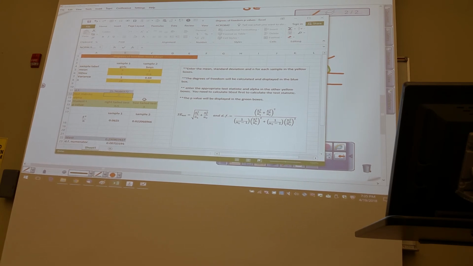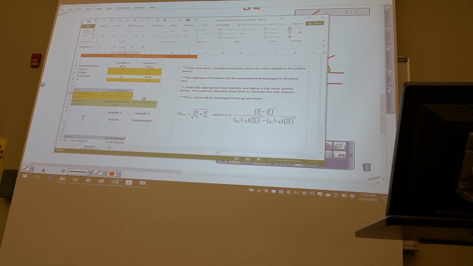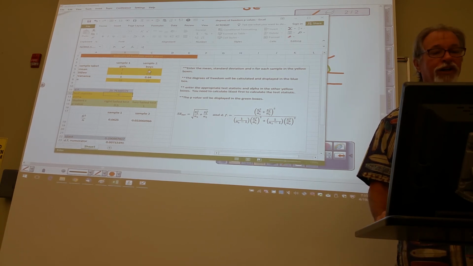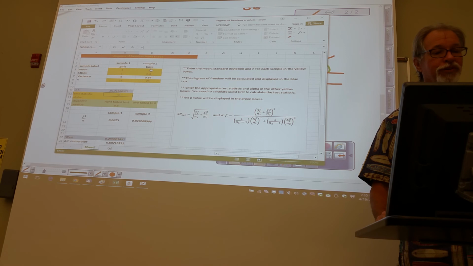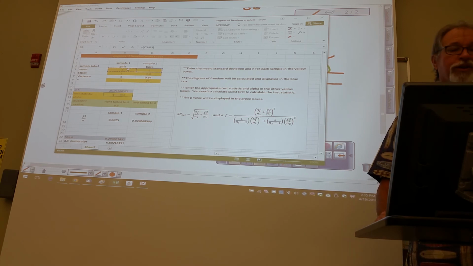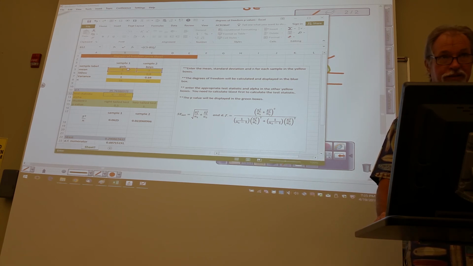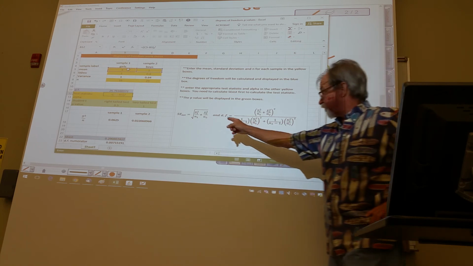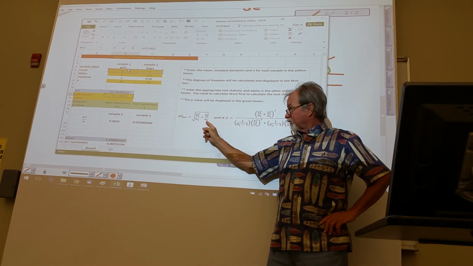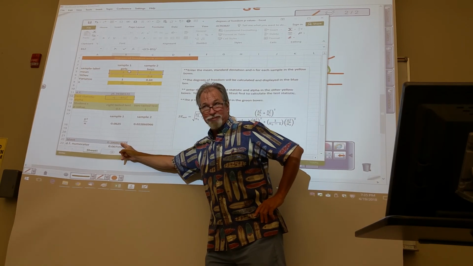Parentheses, click males, right? The mean of the males, minus the mean of the girls, and parentheses, divided by the standard error estimate, which is down here in the blue.